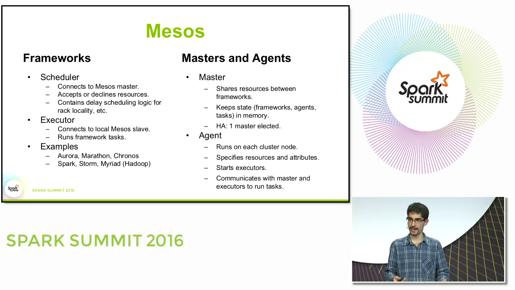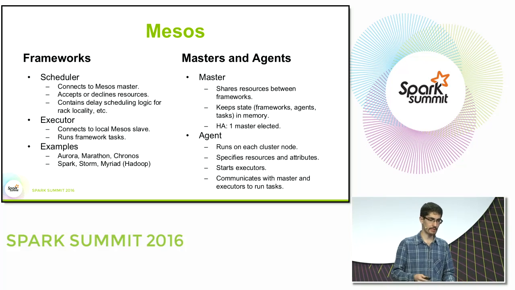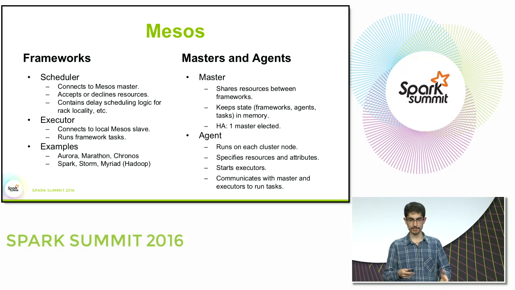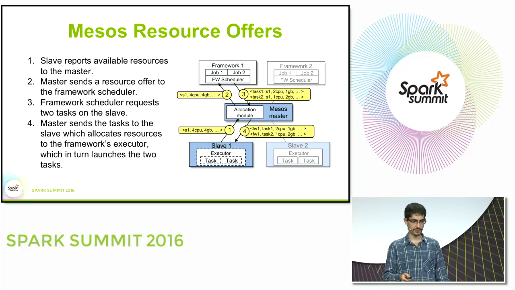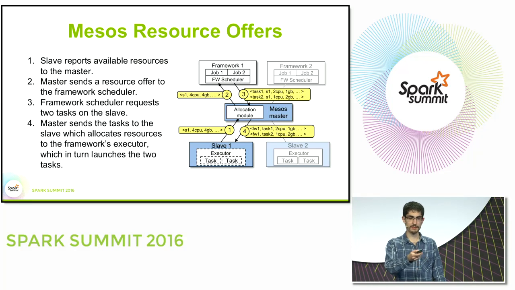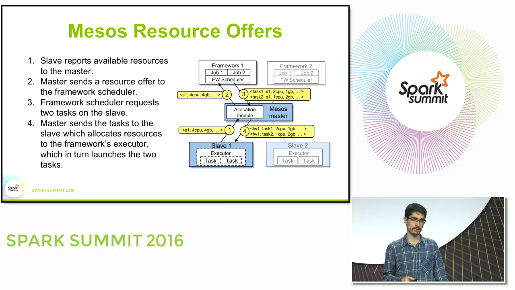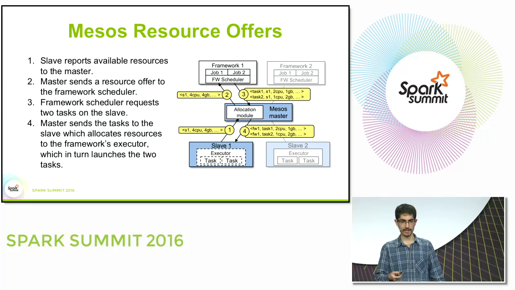The master keeps track of all these resources in memory. One is elected. The agent runs on each cluster node and communicates with the master. When a resource offer is made, the application has an option whether to accept or reject the offer. And in this way, you get a lot of flexibility.